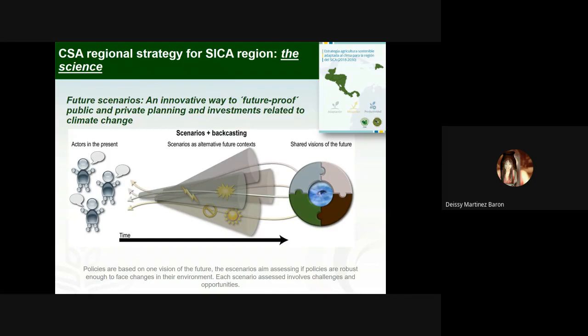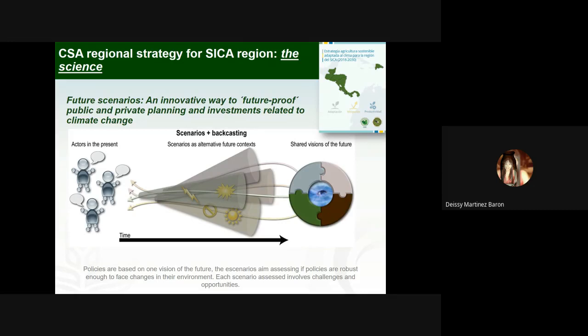And so we understand what those scenarios are, and we go back and try to see what would be the best way that policy can be formulated so that in all those different scenarios, those policies are still useful. In these scenarios, we use both quantitative and qualitative data.